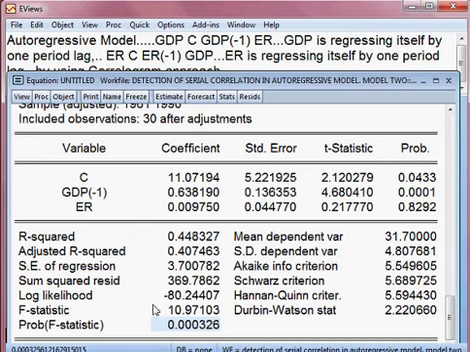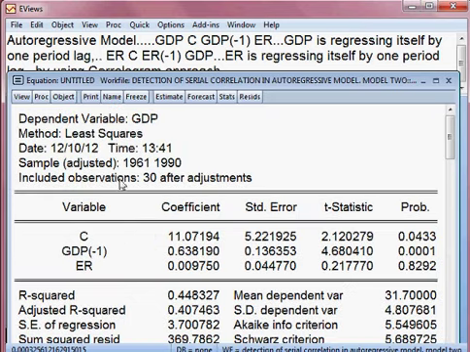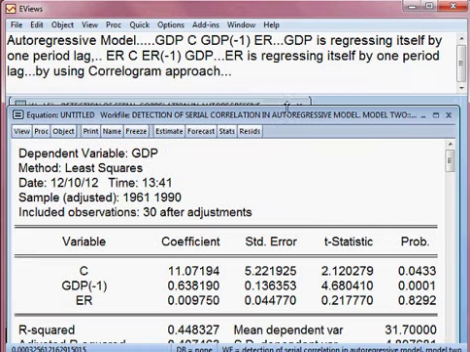Okay, then we check. This model is a time series model, so it can be affected by serial correlation, right? And normally when the variables are time series, the heteroscedasticity problem does not come in.